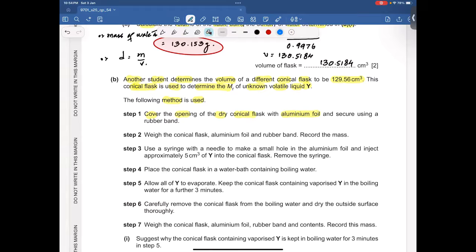Why aluminum foil? Because it is flexible and it is used to seal. Technically, aluminum foil is flexible.